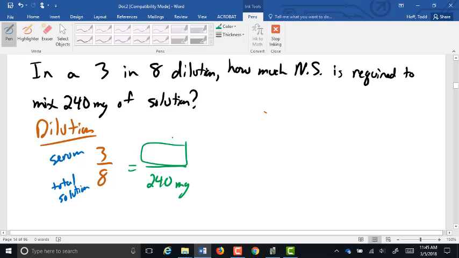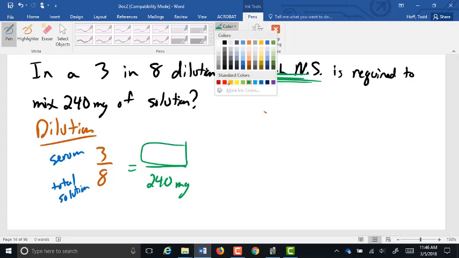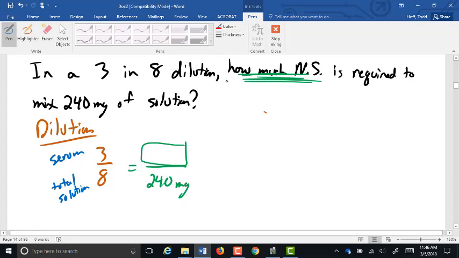This up here, however, represents serum, and that's not what we're looking for. We're looking for how much saline. Now we could cross multiply and divide here. 3 times 240 is 720 divided by 8 is 90 milligrams.